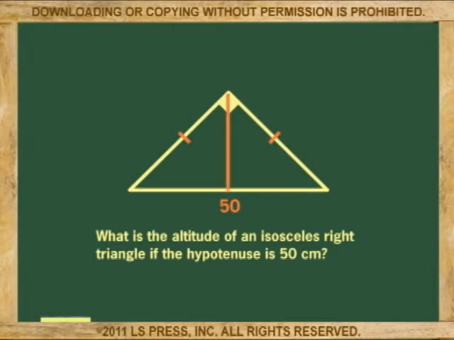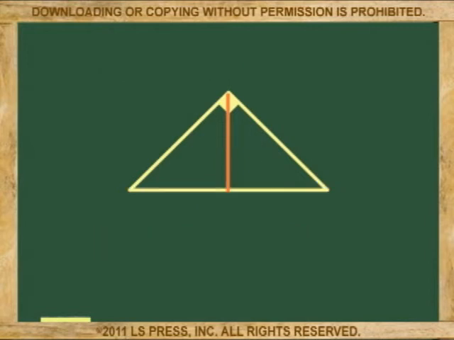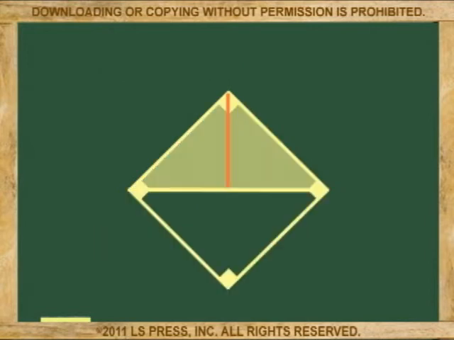Therefore, the altitude of the triangle must break the hypotenuse in two equal parts of 25 each. 25 times 25 is 625, and the square root of 625 is 25. The altitude is 25 also. It makes sense, because an isosceles right triangle is half of a square, and the hypotenuse of a right triangle is the diagonal of the square.